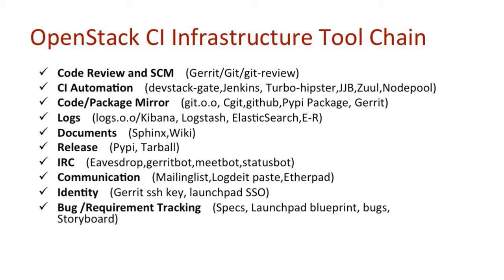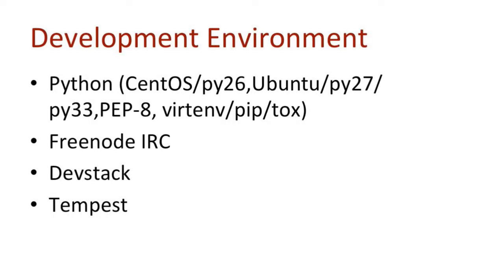And for bug and requirement tracking, they used Launchpad originally, and now they also bring in a new procedure where you need to submit a spec to the Gerrit review system.